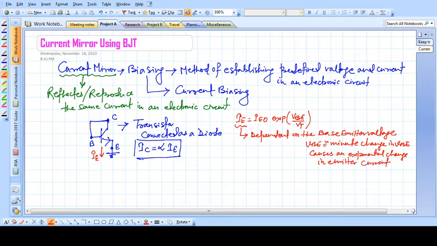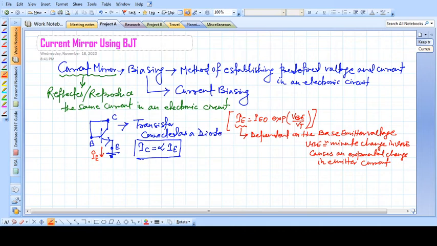Okay, so what next? To overcome this situation, because if there is some small change in base emitter voltage, the current will change dramatically. To fix such issues, we have to use some other way of biasing.